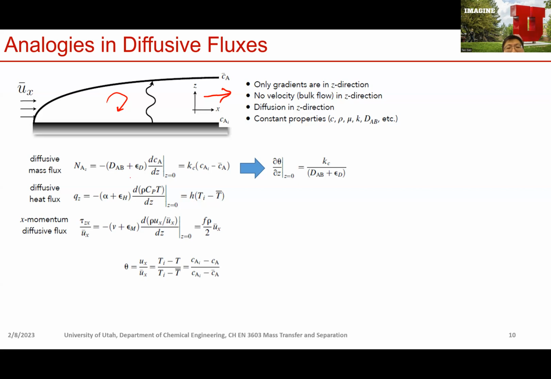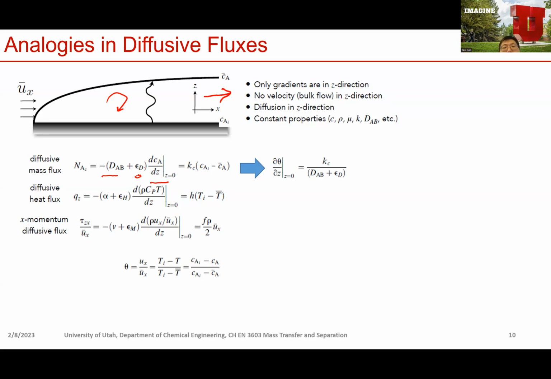We know for molecular diffusion, we can use Fick's law to compute the flux by multiplying diffusivity with the concentration gradient. And now with eddy diffusion, we can add another diffusivity term, called eddy diffusivity, in order to include the effect of eddy diffusion. Conceptually, we can do that, but in reality, it's difficult to get eddy diffusivity.